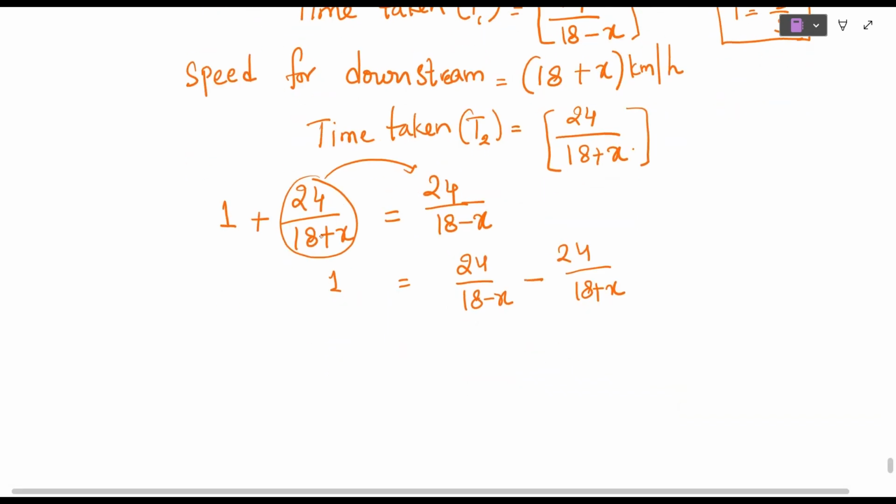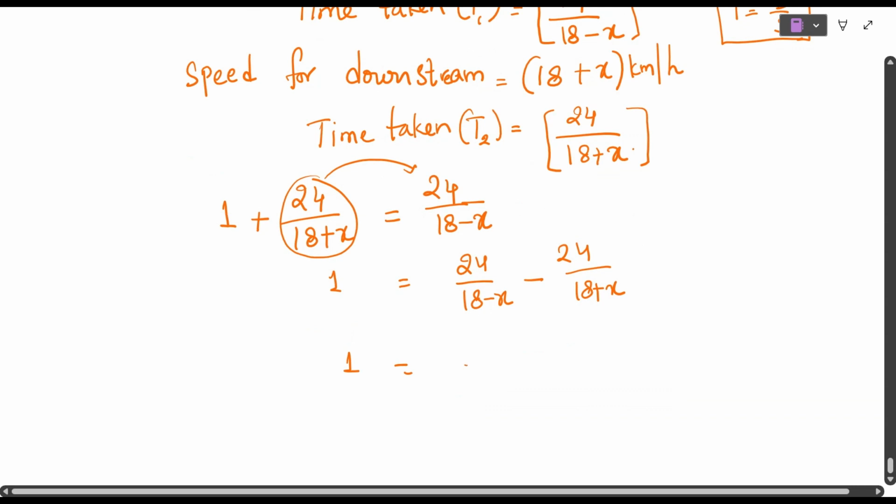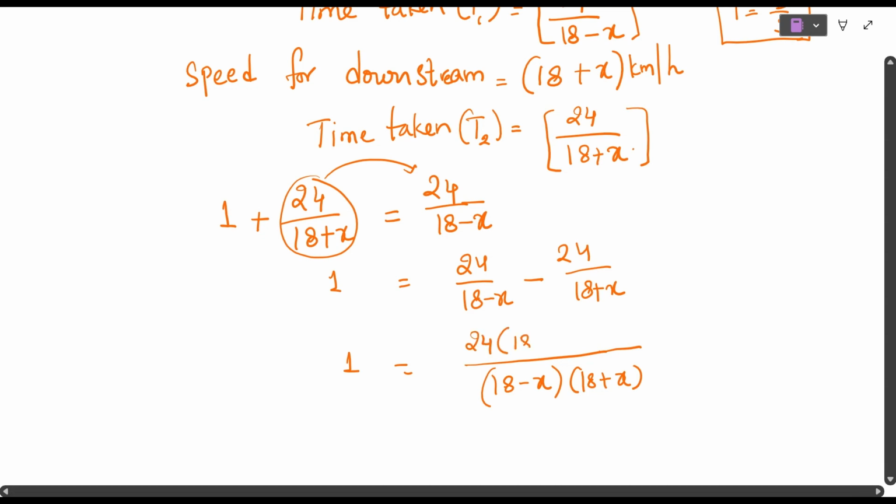So 1 is equal to, take LCM, 18 minus x into 18 plus x. Very easy, I think you can all do this. In the denominator 18 minus x is there but 18 plus x is not, so multiply its numerator 24 by 18 plus x. Minus numerator 24, and here only 18 plus x is there, so multiply with 18 minus x.